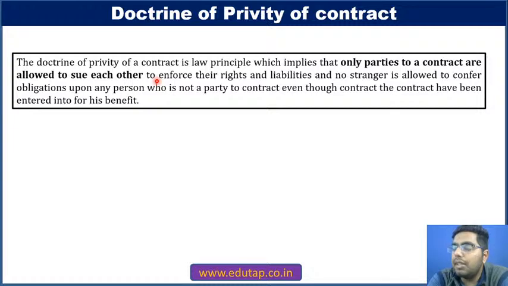But does the third party have a right to sue me? No. Even the third party to whom the benefit is to be provided does not have a right to sue me. That person cannot take me to court. So the doctrine of privity of contract means that strangers to a contract cannot sue the party. Clear?